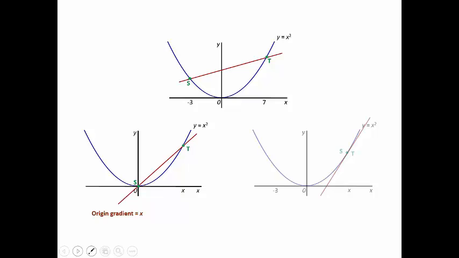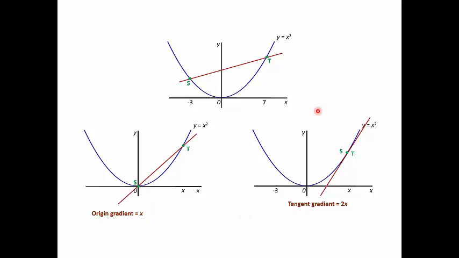Now if s carries on moving around the curve towards t and eventually merges into t, then we get this tangent, and we know that the gradient of a tangent is 2x. Just to work that out. And so what we notice here is that 2x is twice 1x.